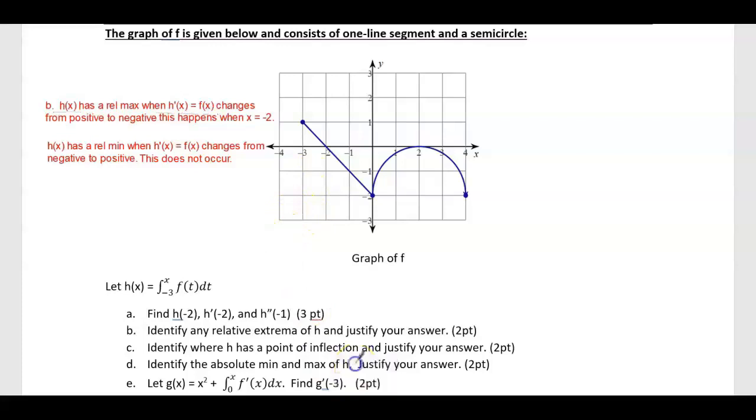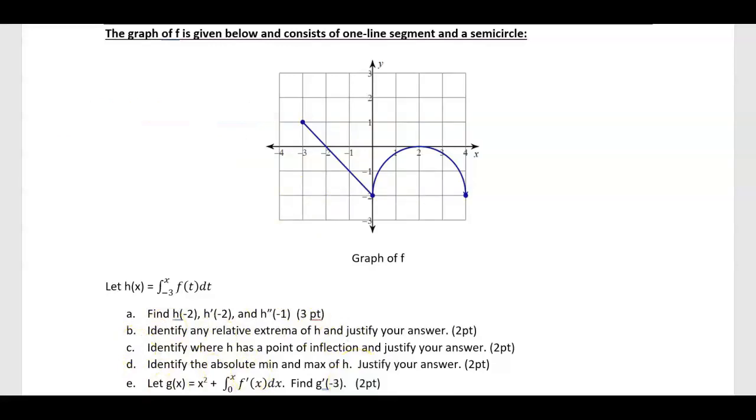All right. Let's go ahead and move on to part C. Part C says identify where h has a point of inflection. So remembering our definitions from Unit 5, you know that a point of inflection is where a graph changes its concavity. But how do you know where that occurs? Well, we're talking about h, right?